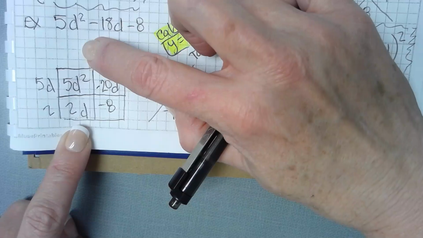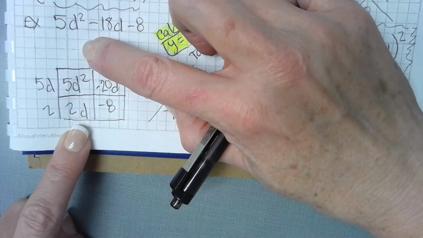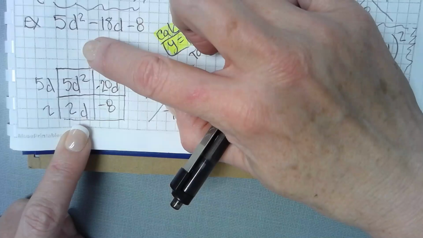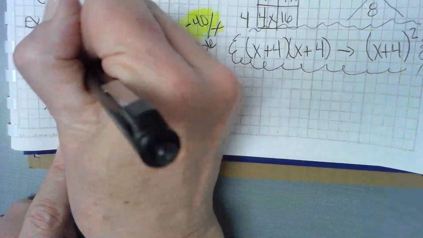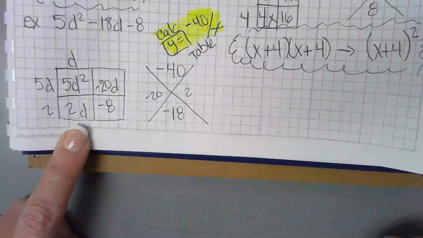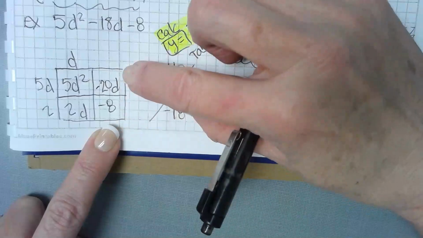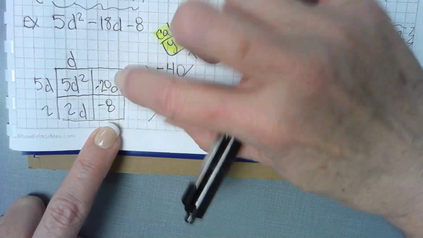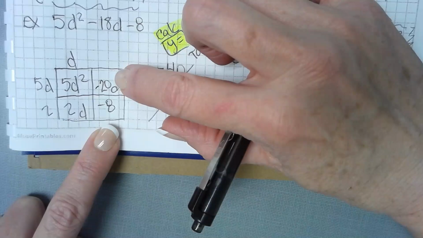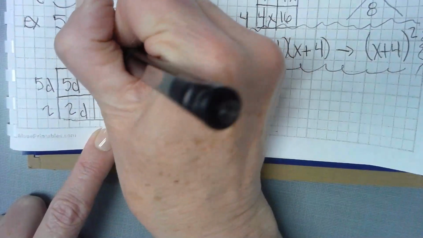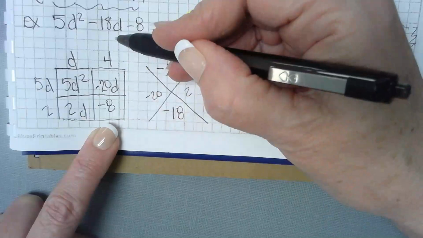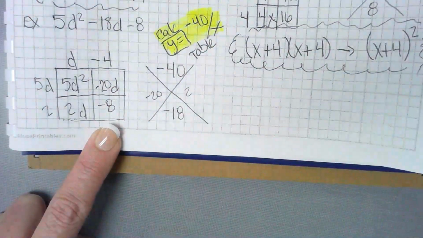Is it possible it could just be a 1? Yeah. 1 what? D. Thank you. It's just a D, y'all. Okay, how about here? Oh, 4. It's 4, because 8's not going to go into 20. What else do I need to remember for this one? Negative. Pull that negative out.